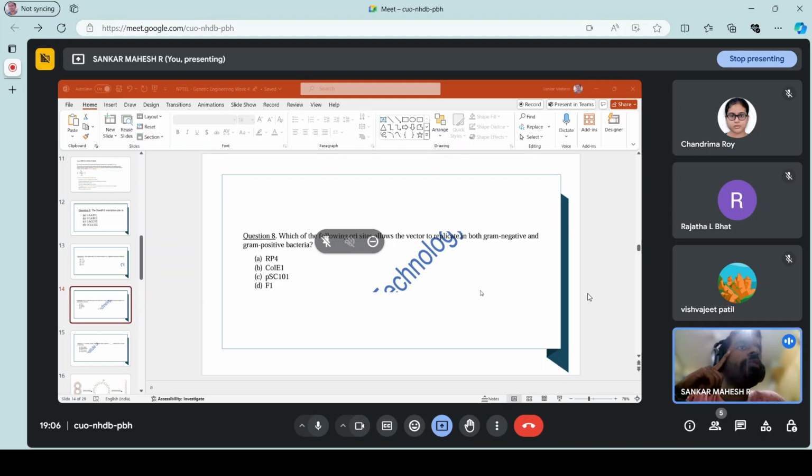Meanwhile, Chandrama and Vishwajit, even you can let me know what you know about any of these origins of replication, like Col E1, F1. These might be familiar to you.